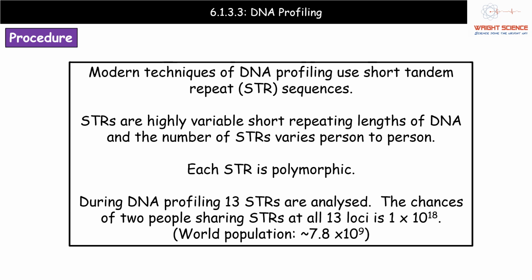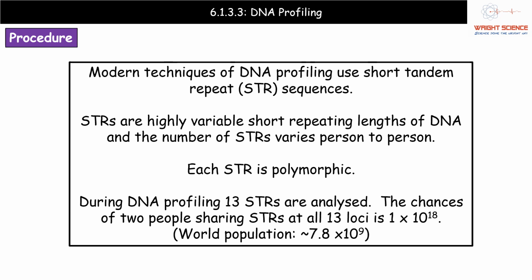So we will analyse 13 of the STRs, and the reason we do this is that the chance of 2 people sharing the STRs at all of those 13 loci we're examining is 1 times 10 to the power 18. And if we put that into context, the world population is approximately 7.8 times 10 to the power 9.